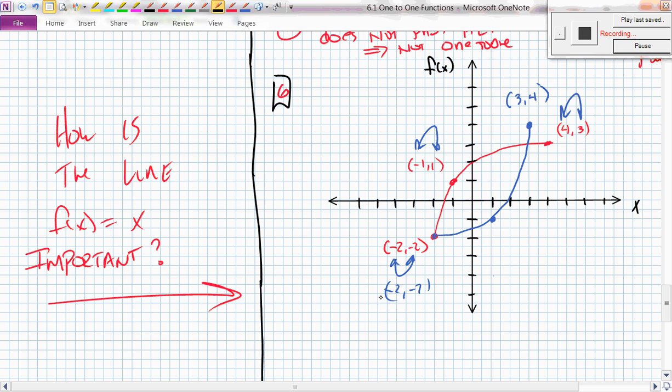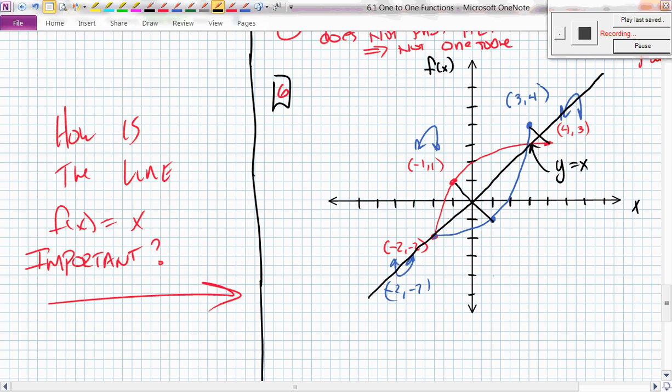Here's the deal, right? If you take the line y equals x, which is the diagonal, you get the line y equals x here. The line y equals x is the line that any graph and its inverse will be reflected over. Pretty cool, huh? So you'll notice that each of these points is exactly the same distance away from that line right there. There you go, made a little fish.